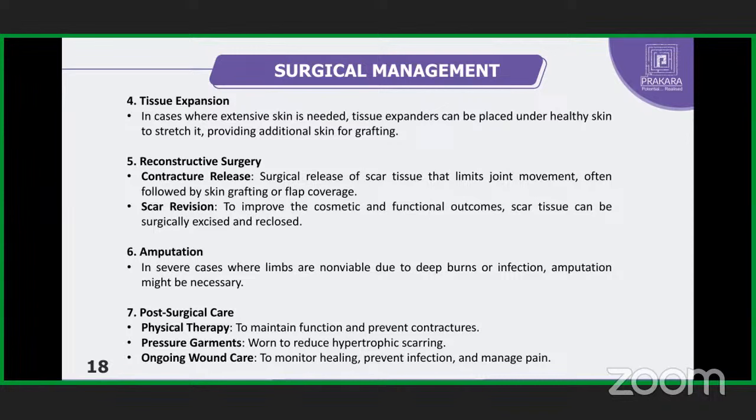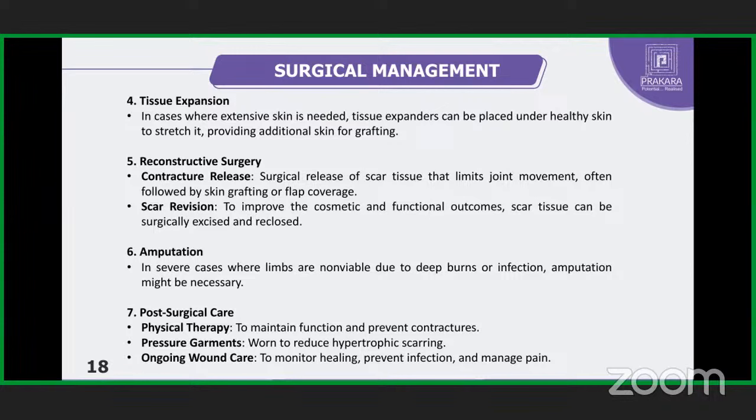Okay, reconstructive surgeries. These are very important. Contracture release. What are contractures? Contractures are nothing but pulled up tissues. Contractures form when the skin and the underlying tissue tighten and pull together during the healing process, leading to joint immobility.